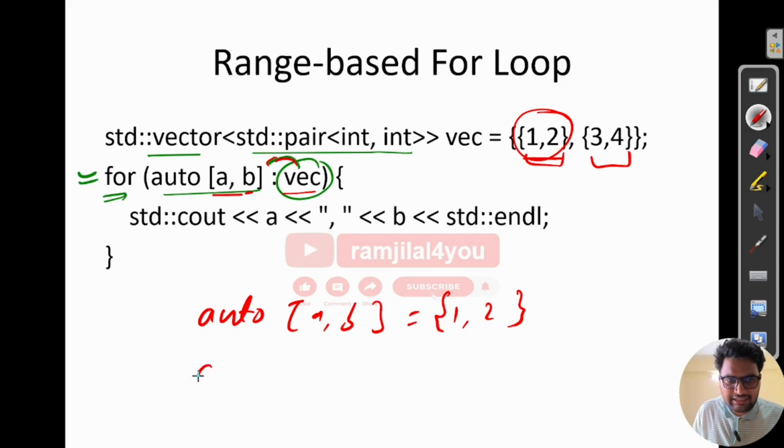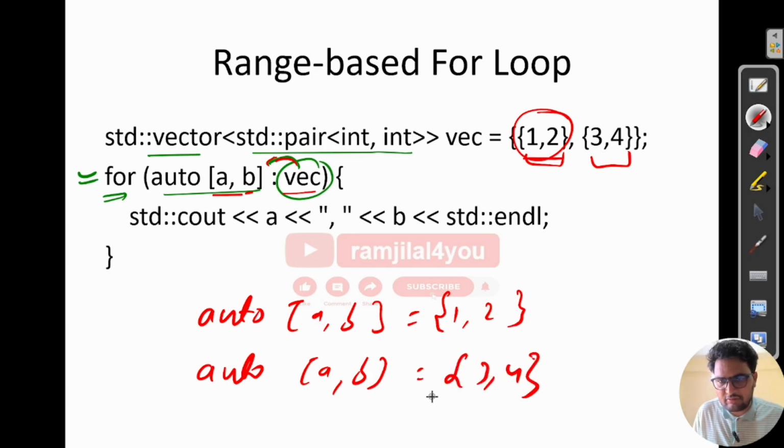And again in the second iteration, a comma b equals 3 comma 4. This is how the expansion of this expression works.